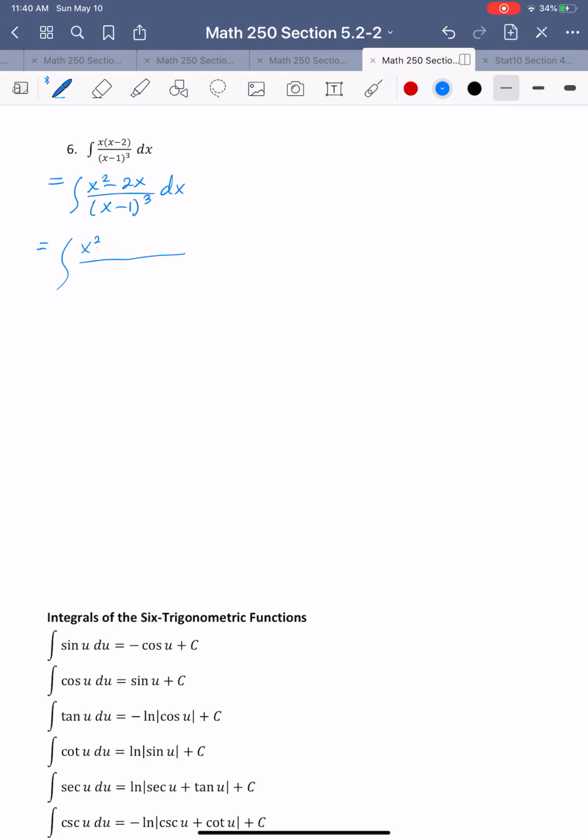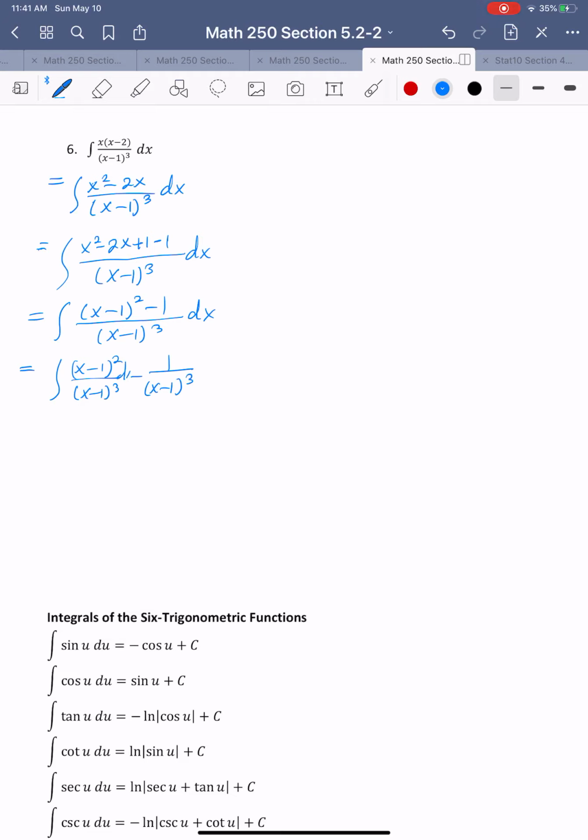So x squared minus 2x, adding 1 and subtracting 1, over x minus 1 cubed dx. The three terms on the numerator become x minus 1 squared minus 1 over x minus 1 cubed. Then I want to split the two rational expressions as x minus 1 squared over x minus 1 cubed minus 1 over x minus 1 cubed.